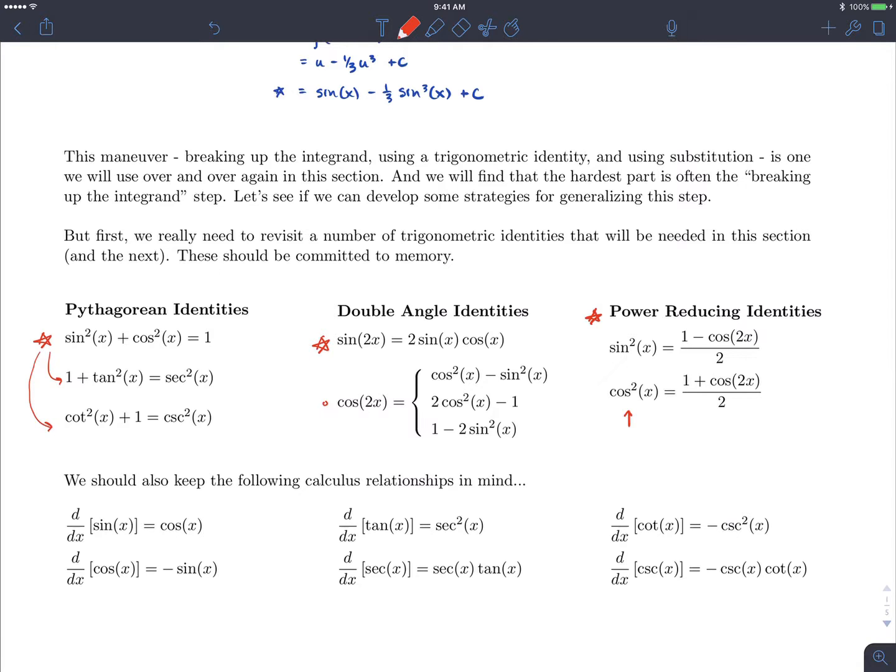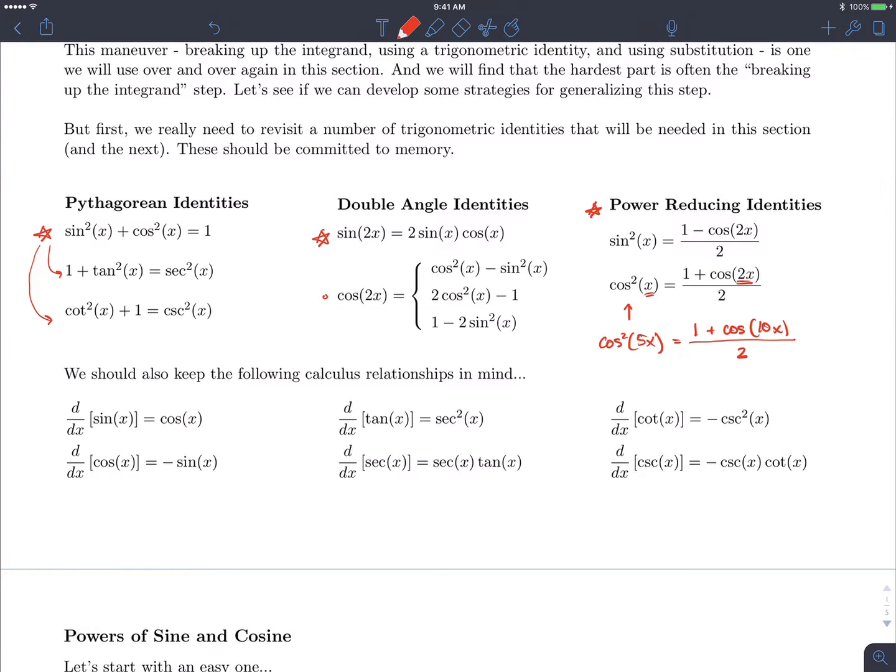Maybe it wasn't just cosine squared of x. Maybe we had cosine squared of, say, 5x. That just means that the angle inside that cosine is 5x. The identity would then tell us it's going to be 1 plus the cosine of 2 times whatever that angle is. In that case, this would be 10x, all over 2.